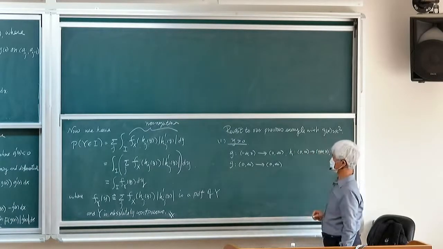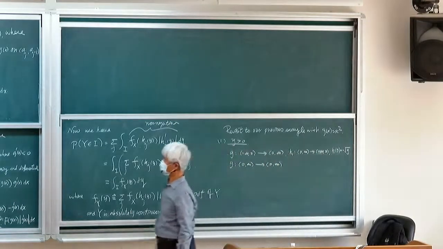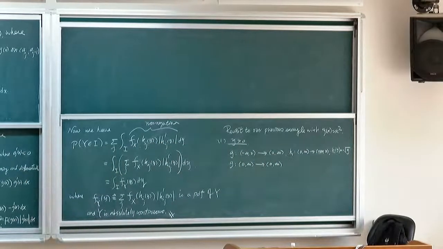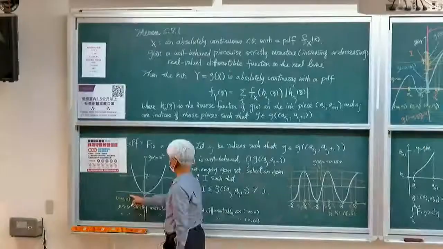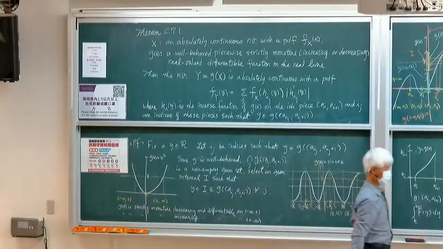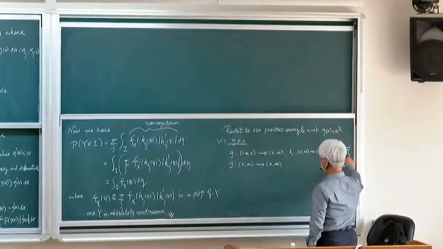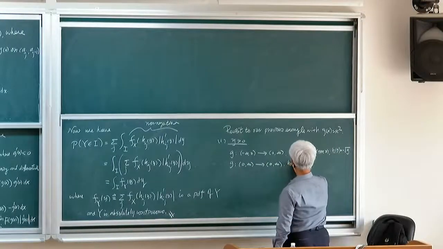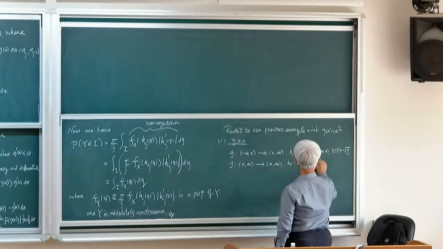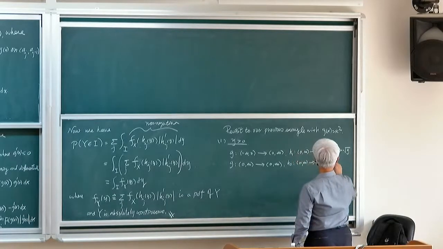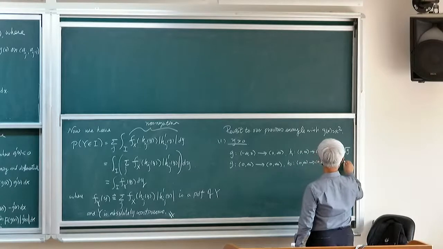So that is the inverse of the first piece of g. And h2 goes from 0 to infinity to 0 to infinity, and h2 of y is square root of y.